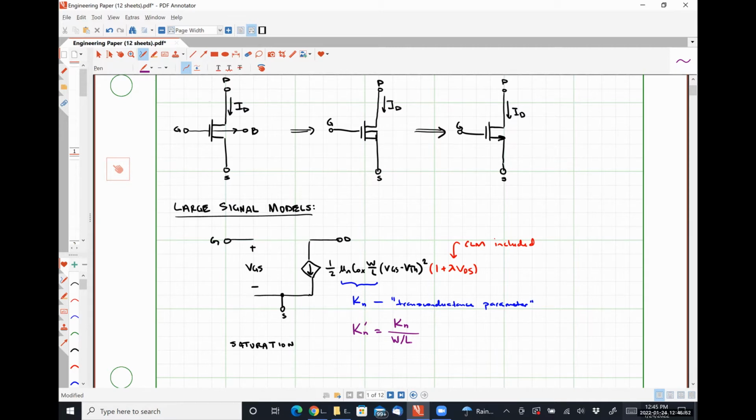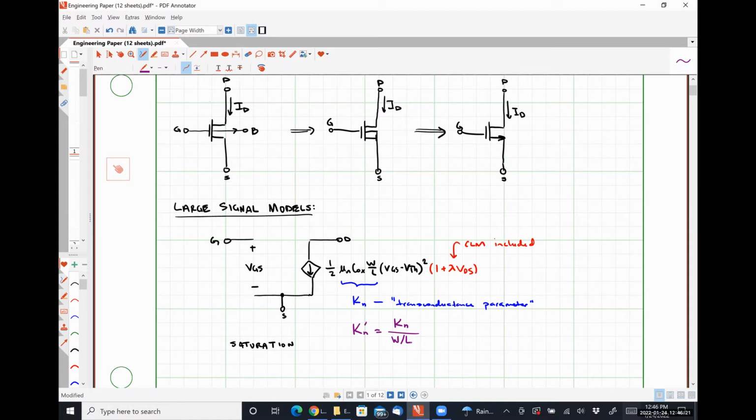So mu n and Cox will be the same, but we want to be able to have different aspect ratios or different sizes of transistors to achieve different currents. So this is what this Kn prime gets used for. For discrete devices, we're probably going to define things in terms of Kn. For integrated circuit based devices, we'll probably use Kn prime.